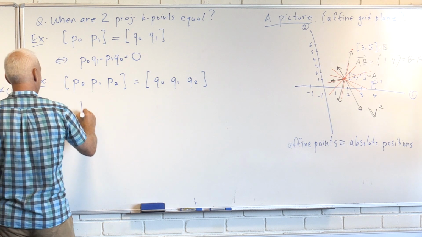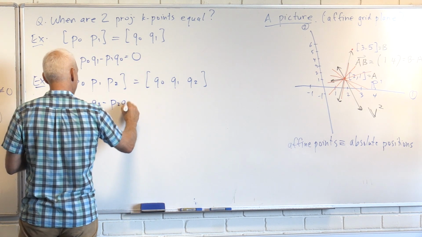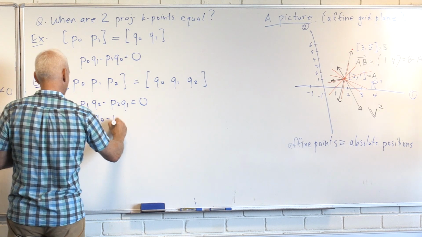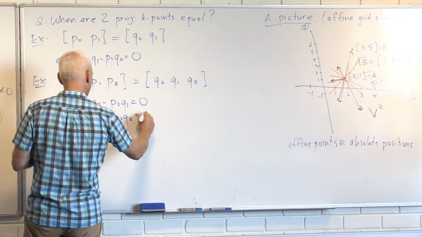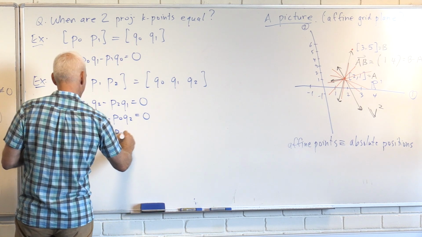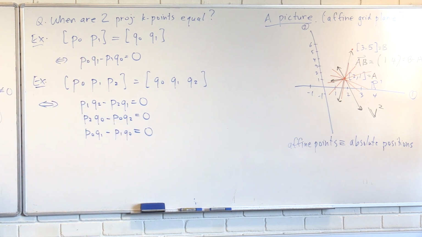I'll write them this way: P1 Q2 minus P2 Q1 equals 0, P2 Q0 minus P0 Q2 equals 0, and P0 Q1 minus P1 Q0 equals 0. So we need all three of those conditions to check that the two vectors are parallel, or correspondingly the two projective points are equal.